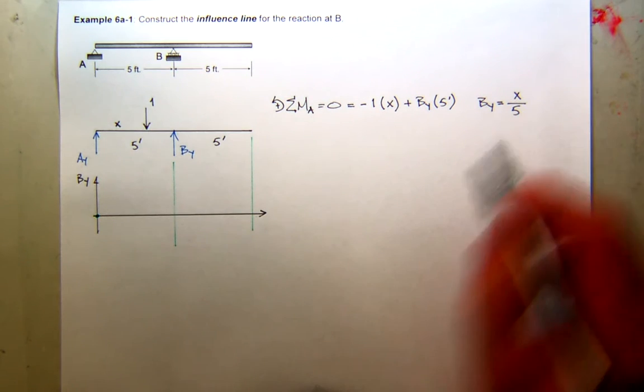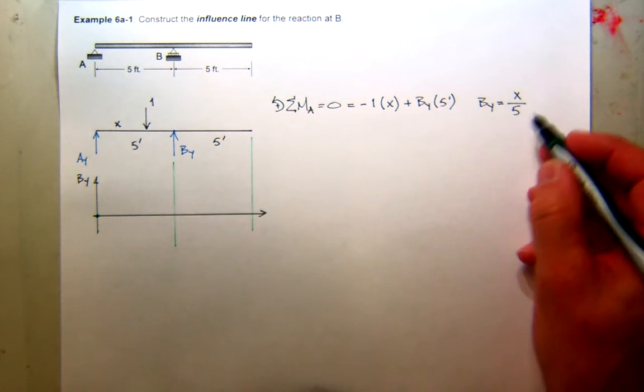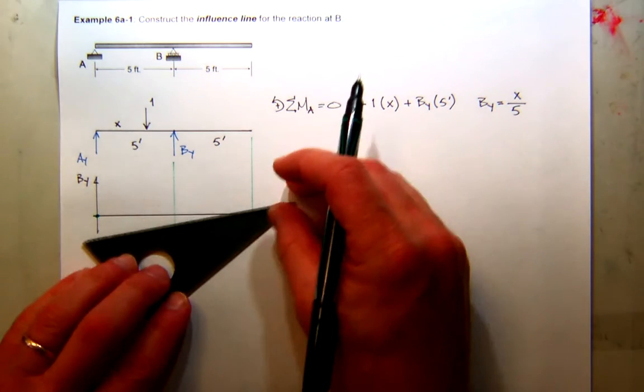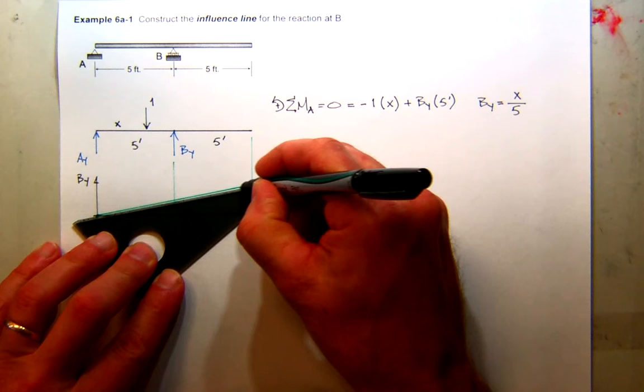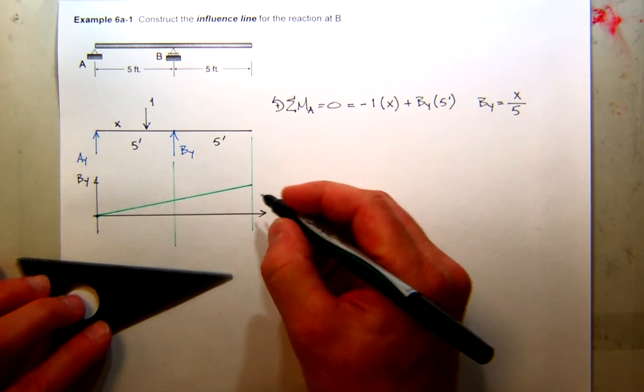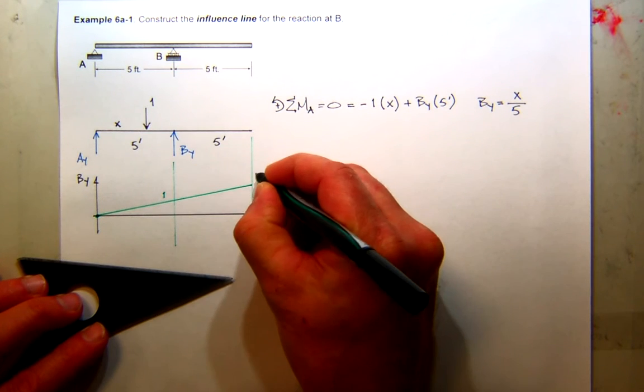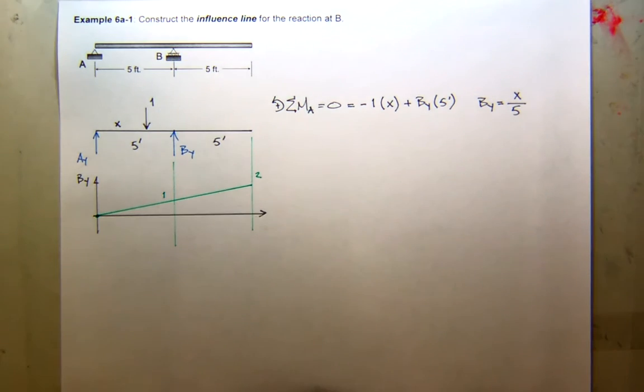When x equals 5, what do you get? 1. When x equals 10, what do you get? 2. This would have a value of 1. This would have a value of 2. There's my influence line for the reaction at B. That's it. Will you ever get one this easy on an exam? Oh, yeah. Absolutely not.